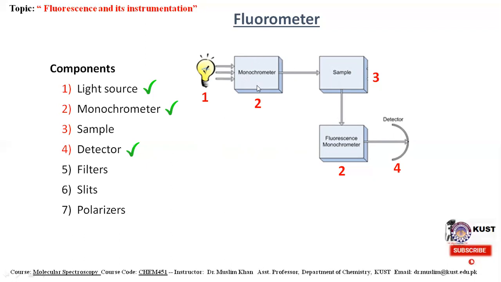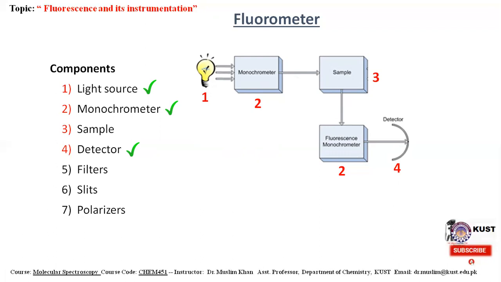So this monochromator eliminates all the other unwanted wavelengths of light, and then the sample gets excited, and there will be emission from the sample. When coming back to the ground state, another monochromator is needed, which is called a fluorescence monochromator.